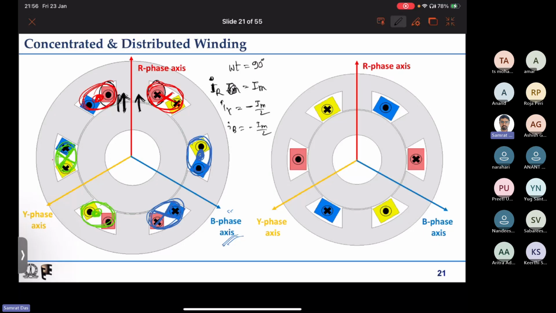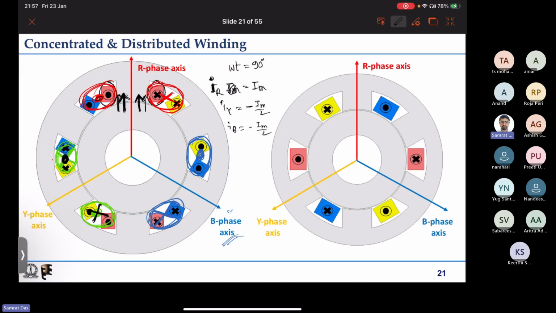I'll indicate it by 4 flux lines here. If r is positive, this remains dot and this remains cross. But because iy and ib are negative, whatever polarity we indicated for positive current has to flip. So instead of cross here we would have dot here, because the current itself is negative, and it will have cross here, right?